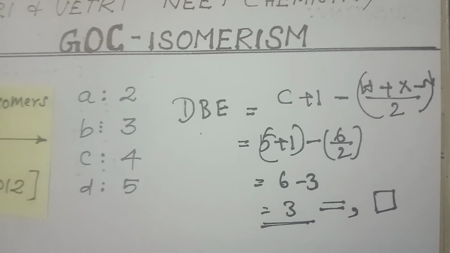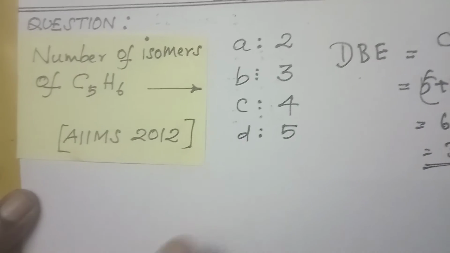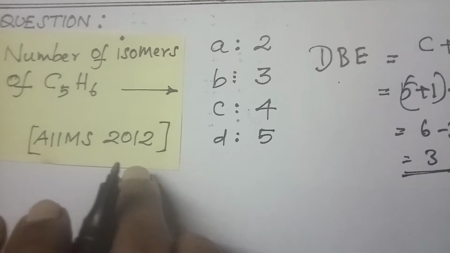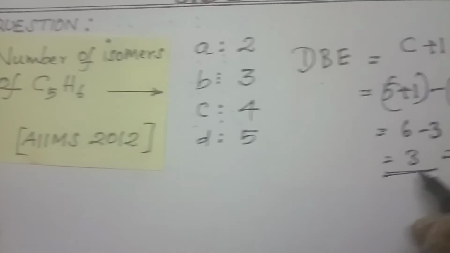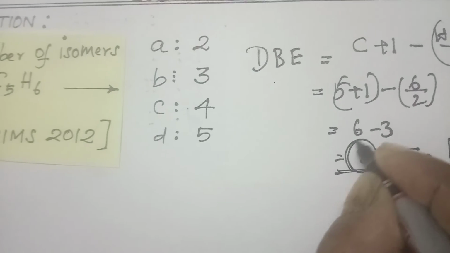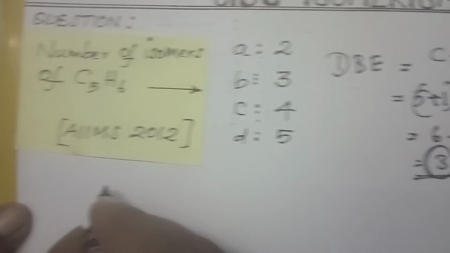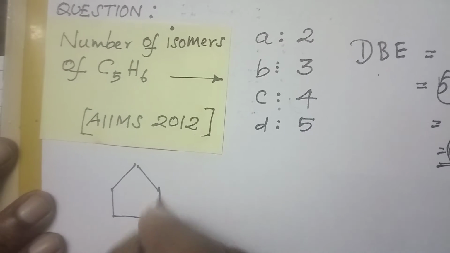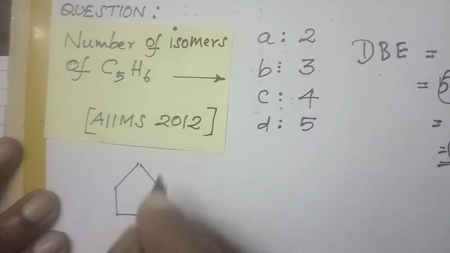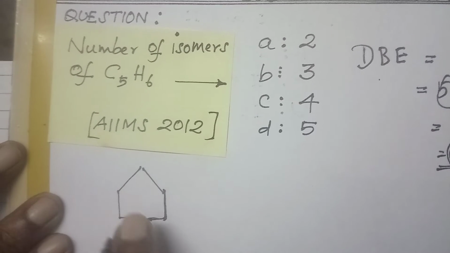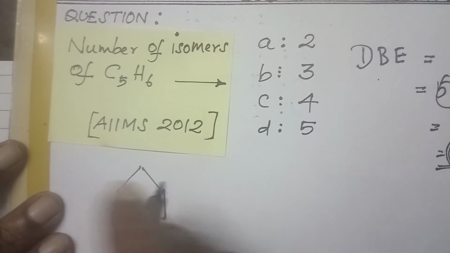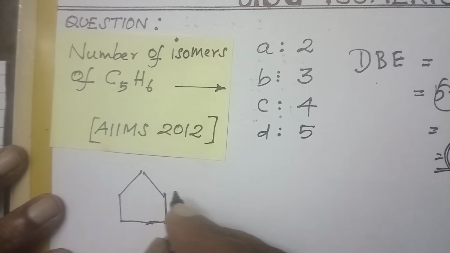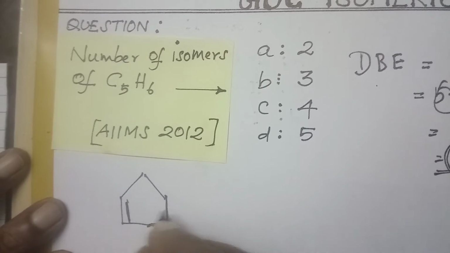Now let us write the possible structures for C5H6, with 3 unsaturation. First I am starting with one structure with carbon number 5, a pentagon. Carbon 5 and hydrogen 6 are matching.